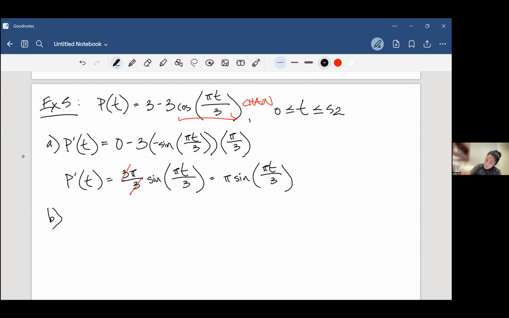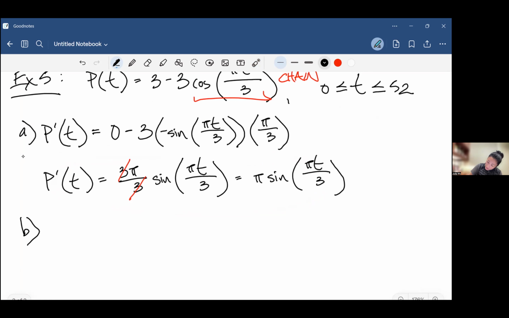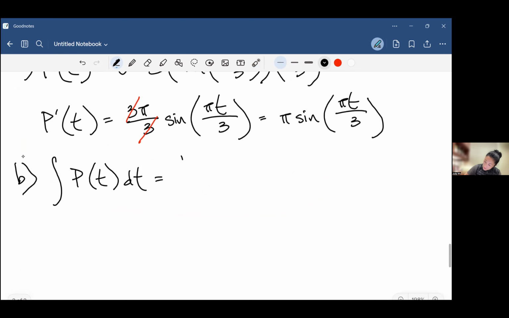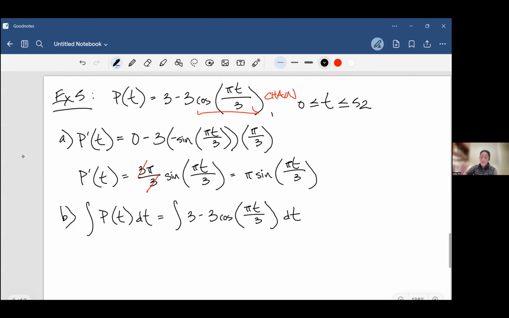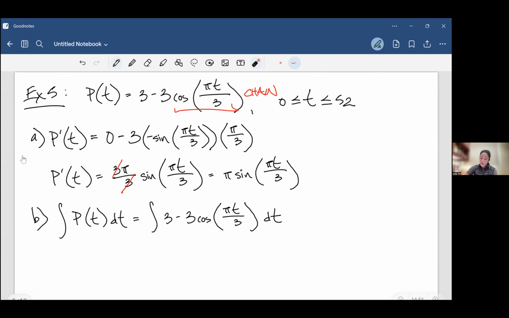All right, now let's imagine though that we were looking for an integral of p of t. All right, let's see what that might look like. We've got the integral of 3 minus 3 cosine of pi t over 3 dt. All right, so same function, but in part A, I'm finding my derivative, and in part B, I'm finding my integral.